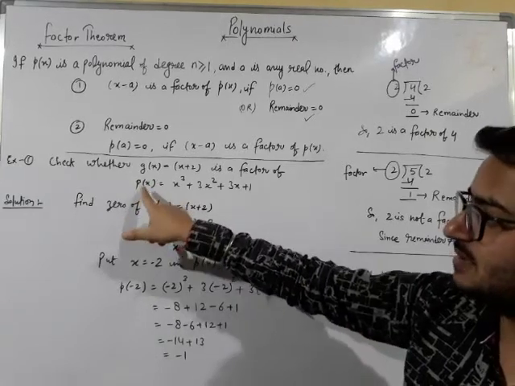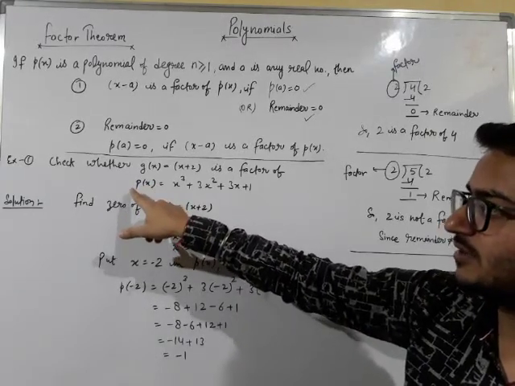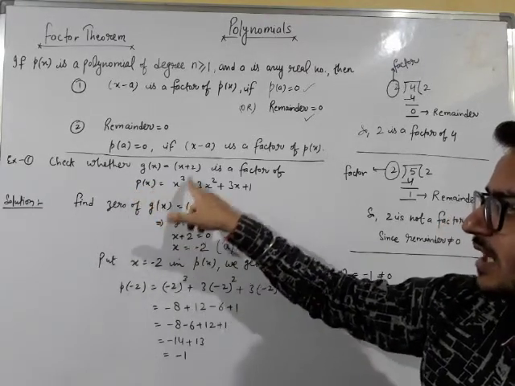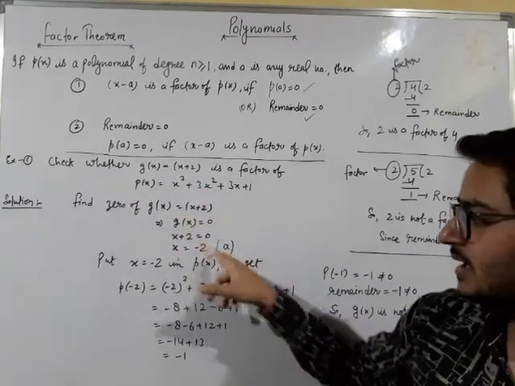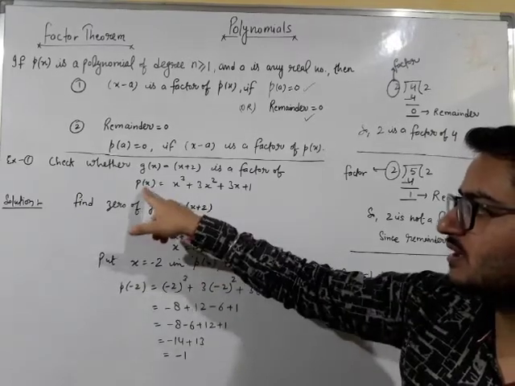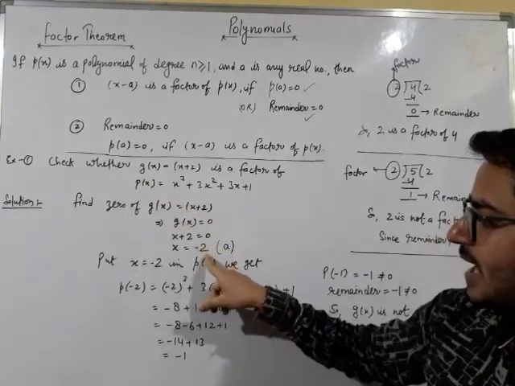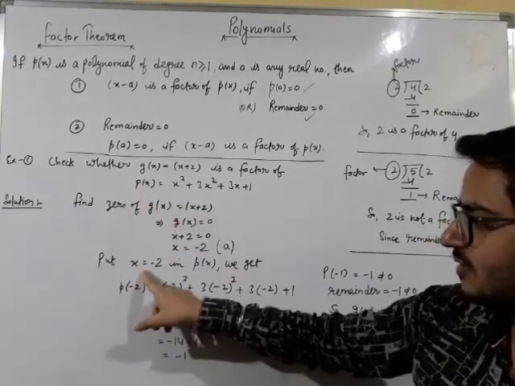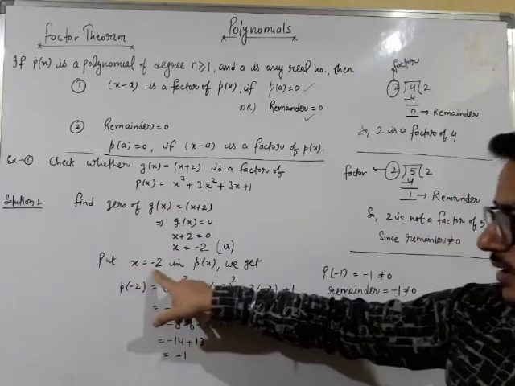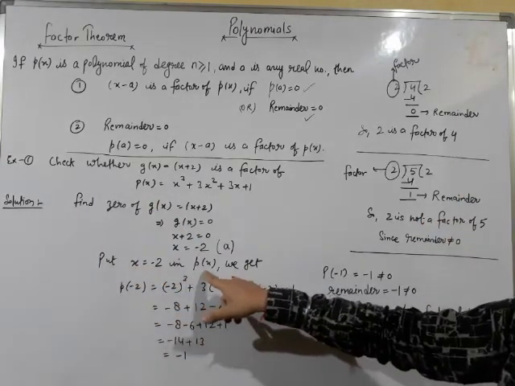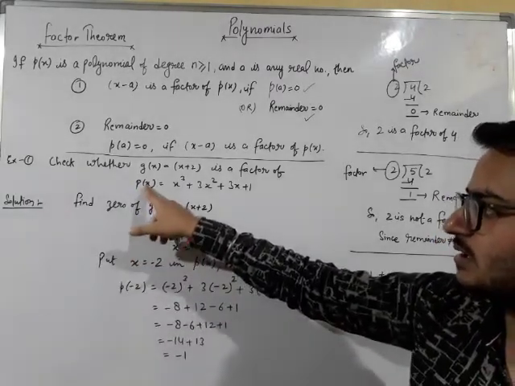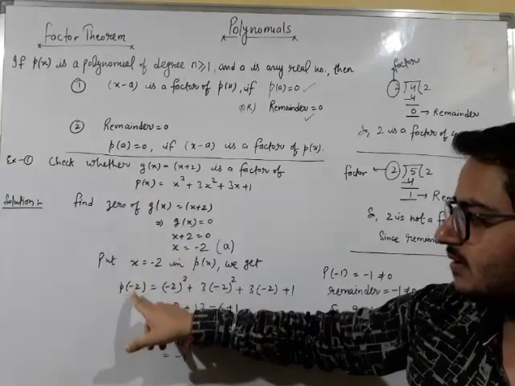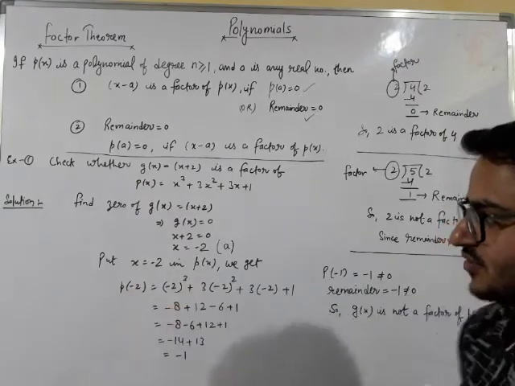So we first replace x by a, then it becomes p(a), which is x cube plus 3a square plus 3a plus 1, and a is equal to minus 2. So we will replace x by minus 2 and find p(minus 2). Now put x equal to minus 2 in p(x), we get p(minus 2).